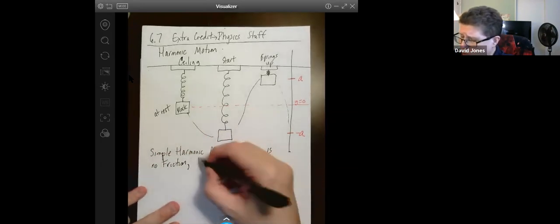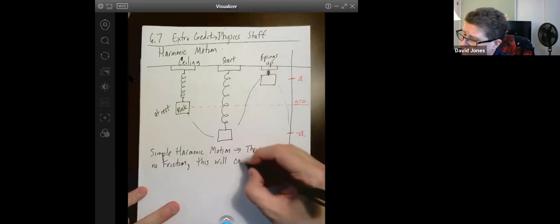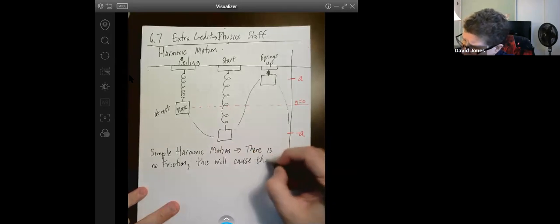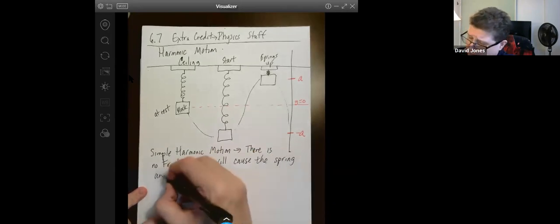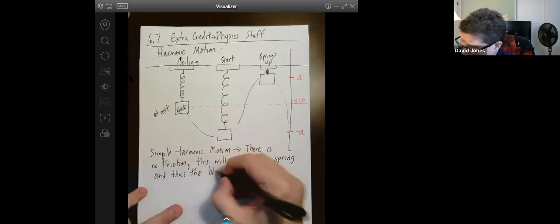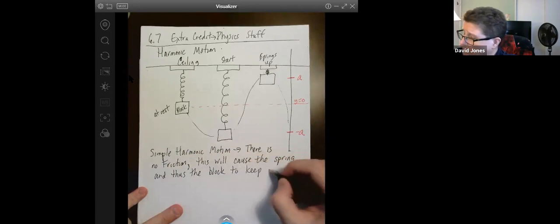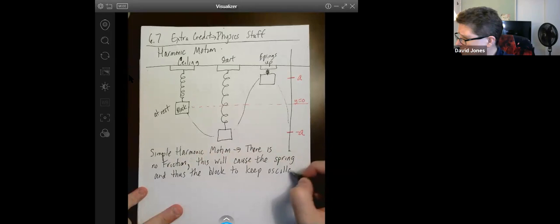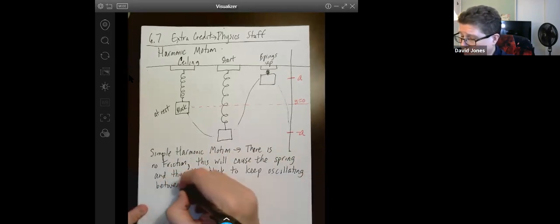So this will cause the spring, and thus the block, to keep oscillating between negative A and A.